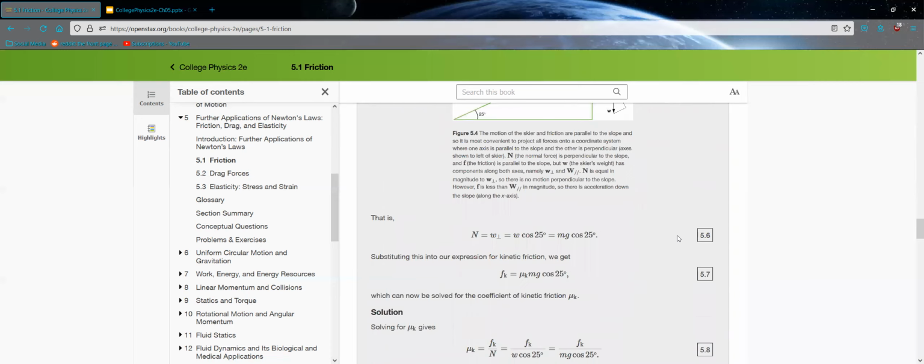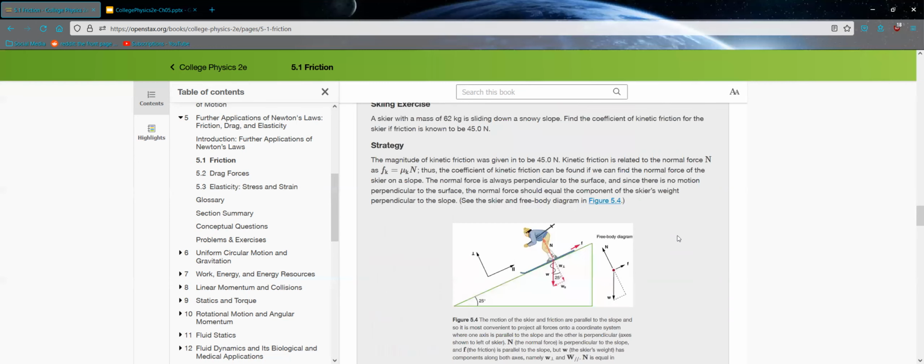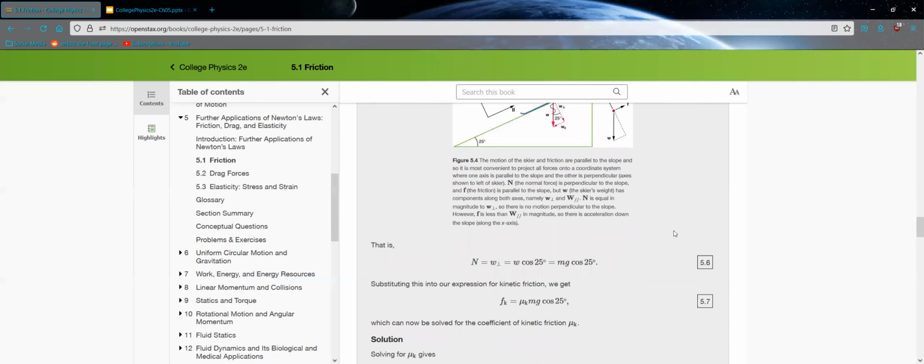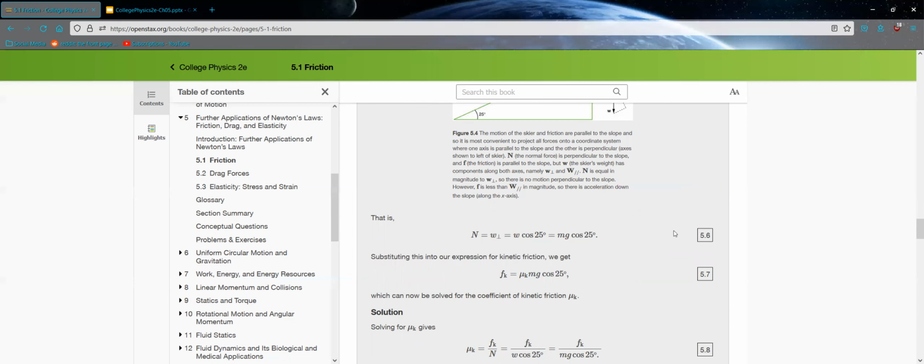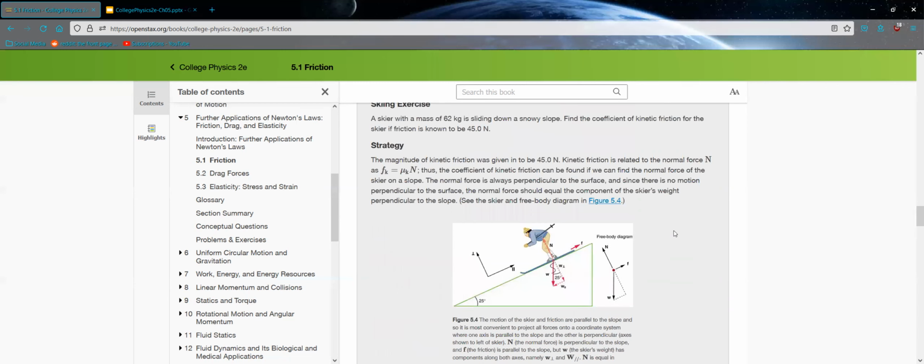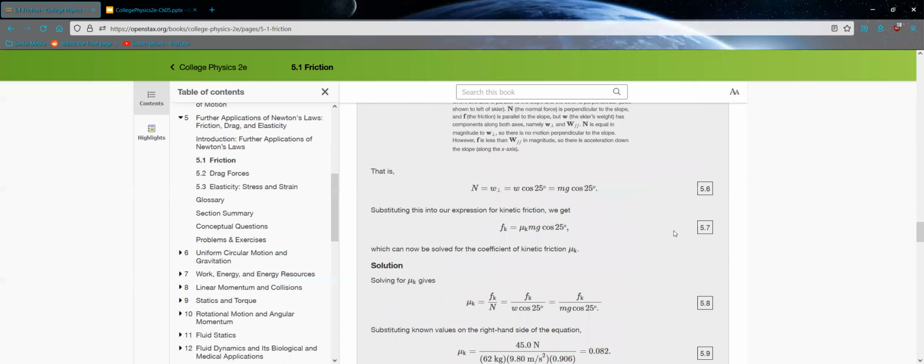The normal force is equal to the perpendicular of the weight, so parallel to the surface, perpendicular to the individual. And that is given to us by the weight of the skier, the 62 kilograms, times the cosine of theta, theta being 25.